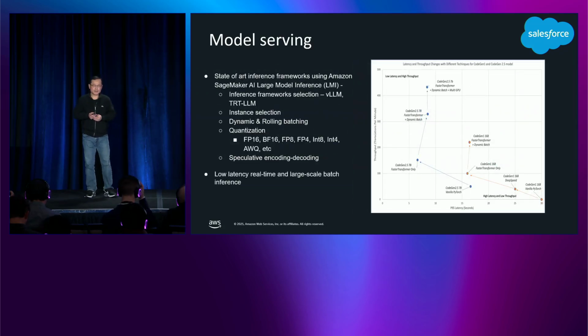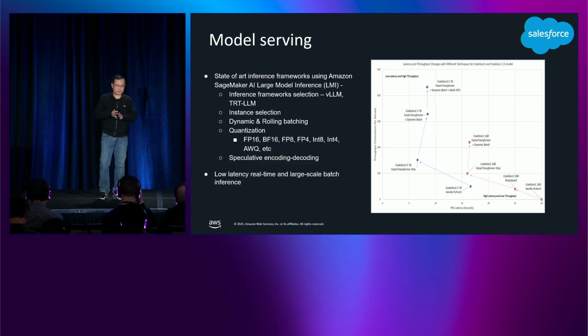Now, on this slide, I want to show you some of the thought process and practice we have at Salesforce. We use SageMaker AI and LMI images to optimize the different model serving strategies.